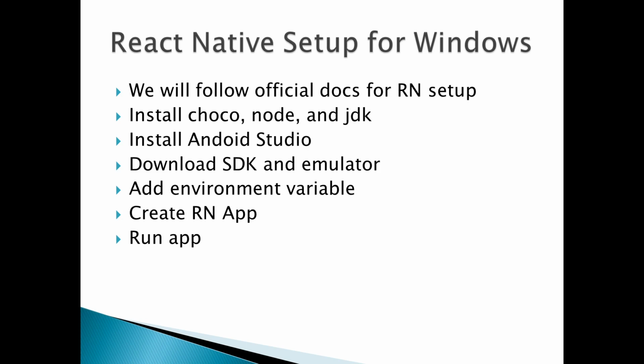Next, I'm going to create a React Native app and run it through the React Native framework, and we use VS Code to write the code. I'm going to explain all of this live.